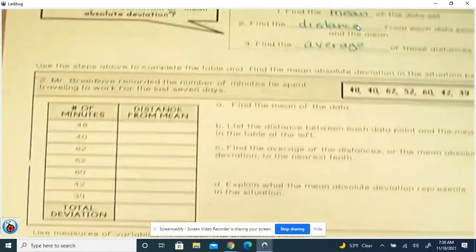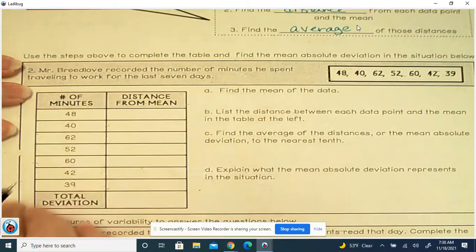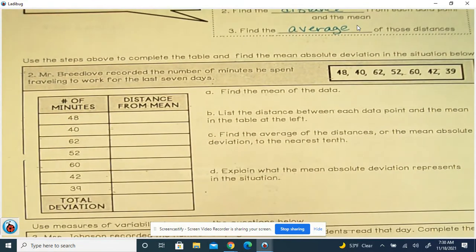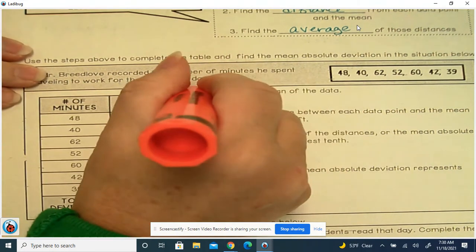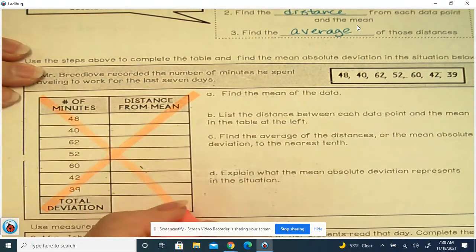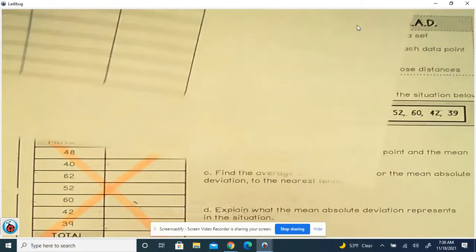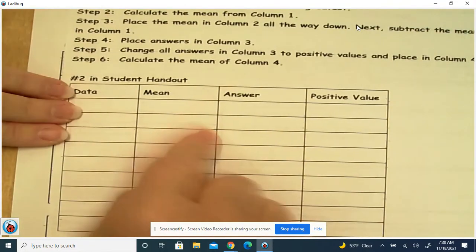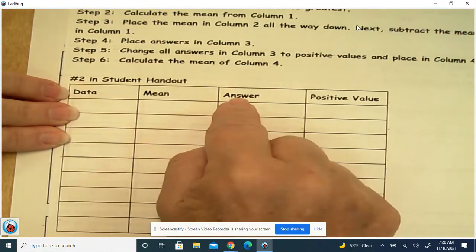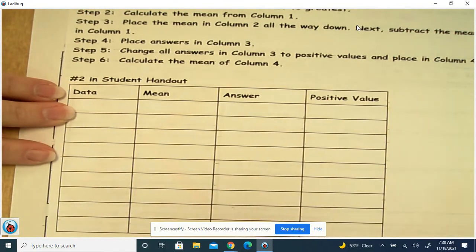Okay, so we have this set of data. We're not going to use this table. We're going to mark this one out. On notebook paper or wherever, we're going to use this table right here, where you have the data, the mean, the answer that you get, and then the positive value.